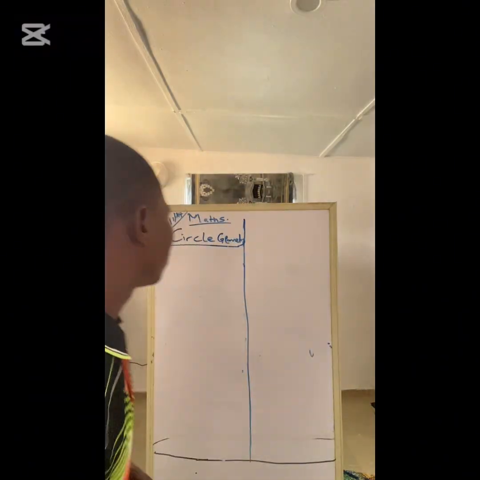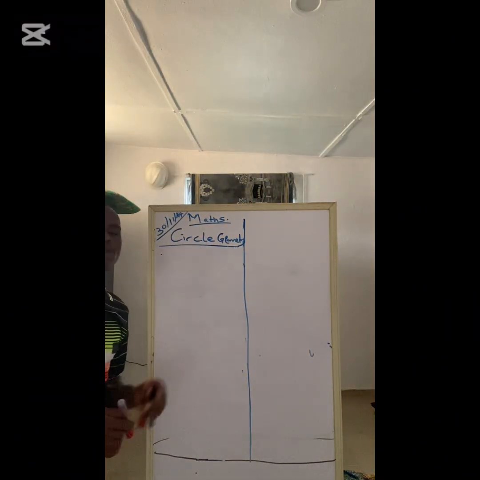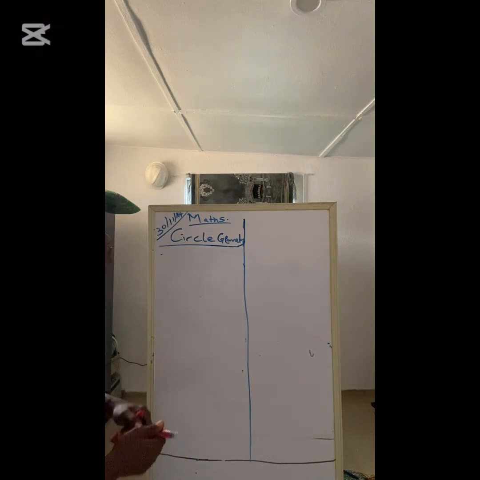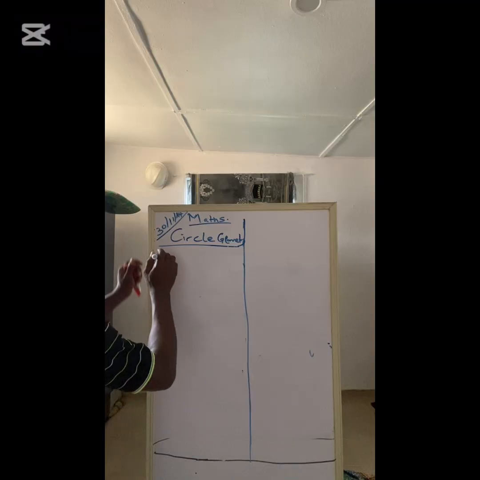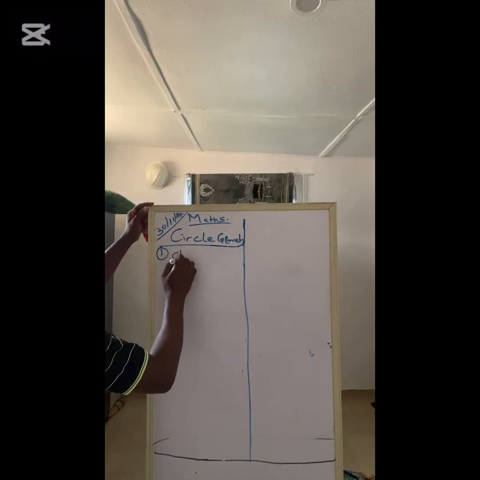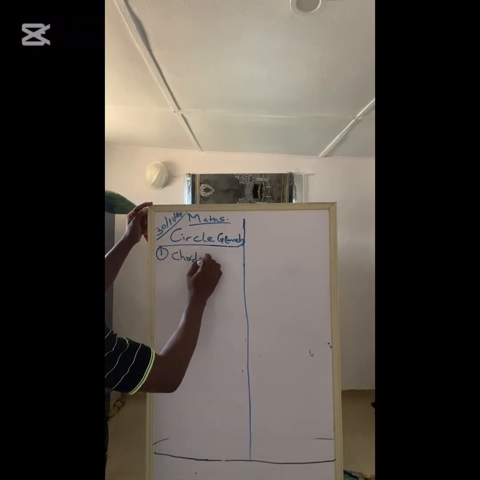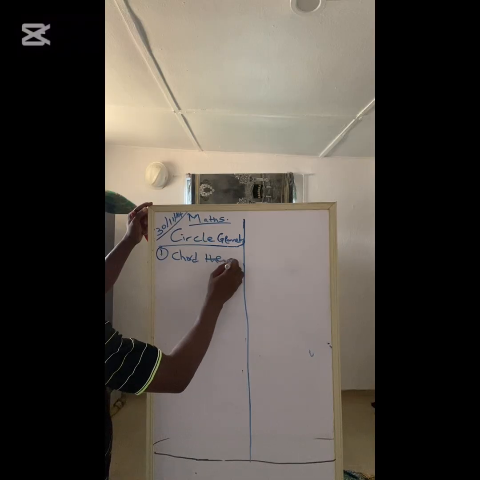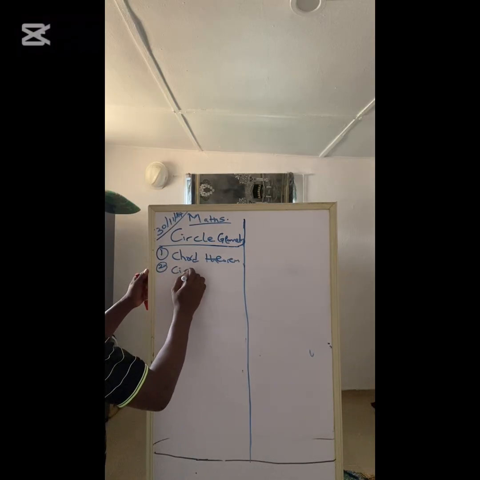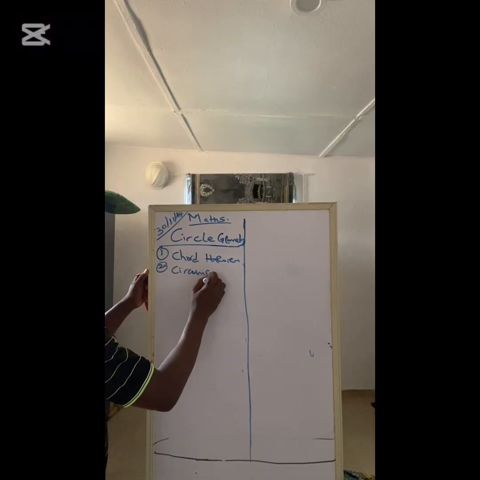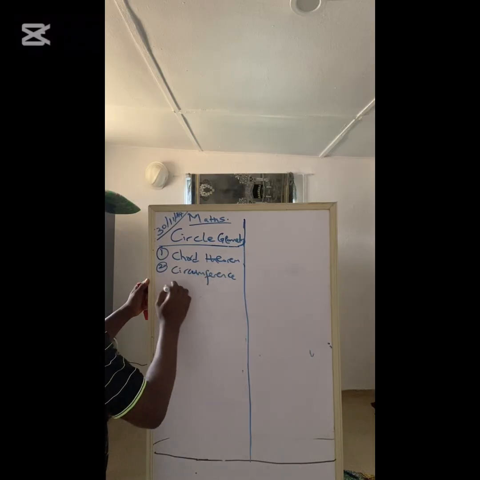As you can see on the board here now, circle geometry. So what are the theorems that we have in a circle? Number one, we have the chord theorem. Number two, we have the circumference theorem.